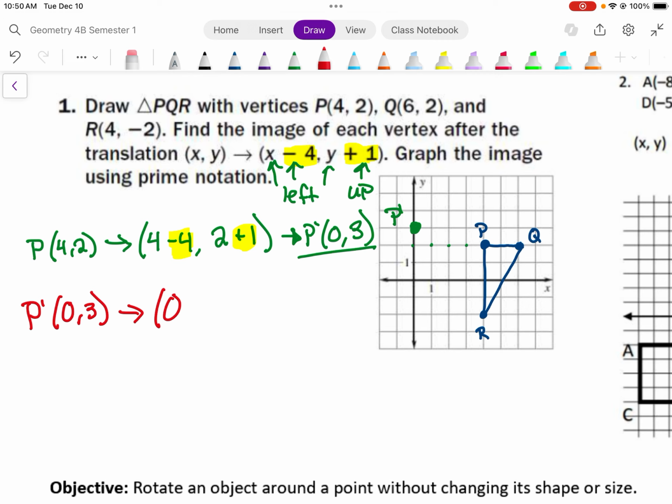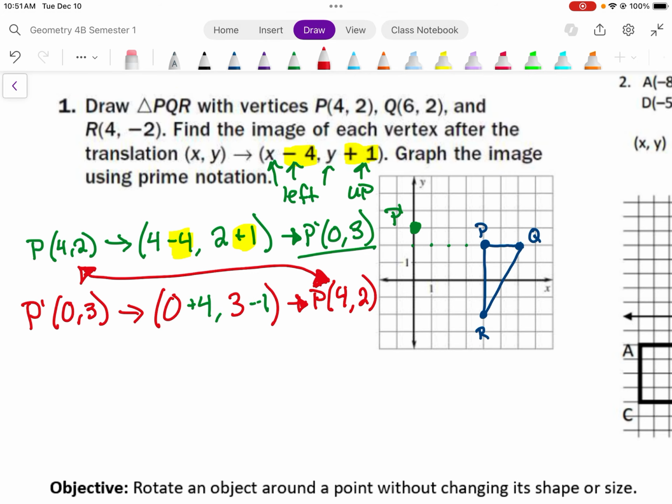So we would do 0 plus 4, and then we would do 3 minus 1. And this would bring us back to the image of point P of 4, 2. So you follow the rule to get to the image. You do the opposite of the rule to get to the pre-image.